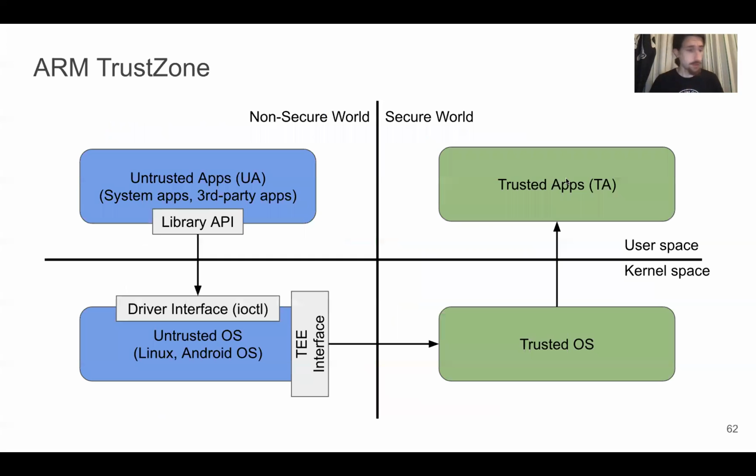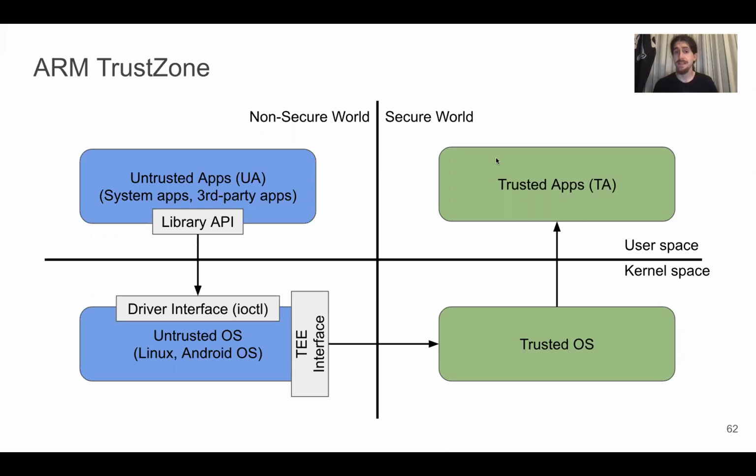And I've shown this picture in the past, where on the left you have what we explored so far in terms of secure world and non-secure world. Again, normal apps in the non-secure world user space, and then our Android operating system with Linux and so forth. And then you have the trusted operating system on the right in the secure world, and trusted apps on top of it.